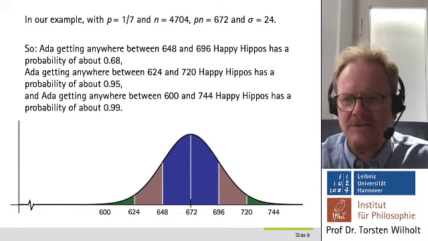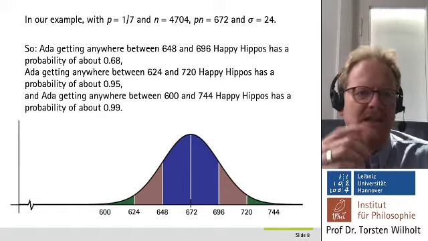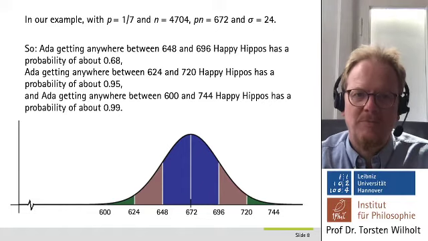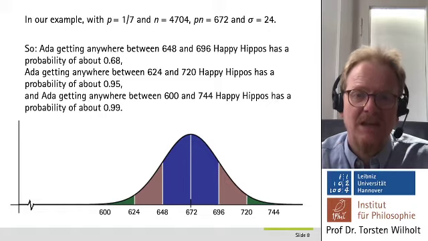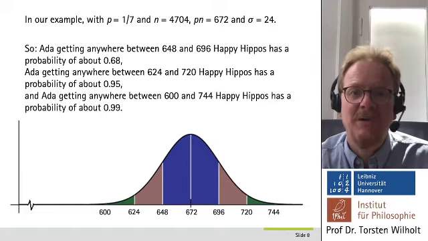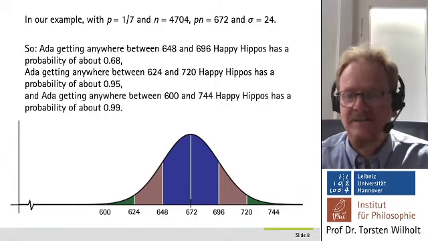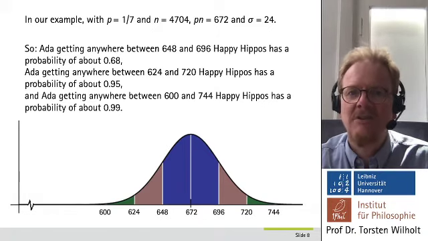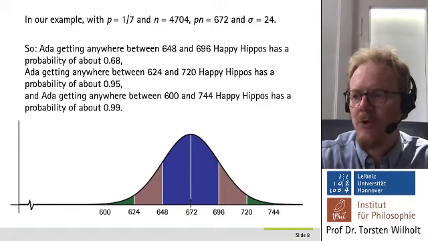So all you have to do to get this number is to plug the numbers into the formula, take 1/7, multiply it by 1 minus P, 6/7, and multiply that by 4,704, and take the root out of the result of that calculation, and the result you get is 24. So in our example, the standard deviation is 24.